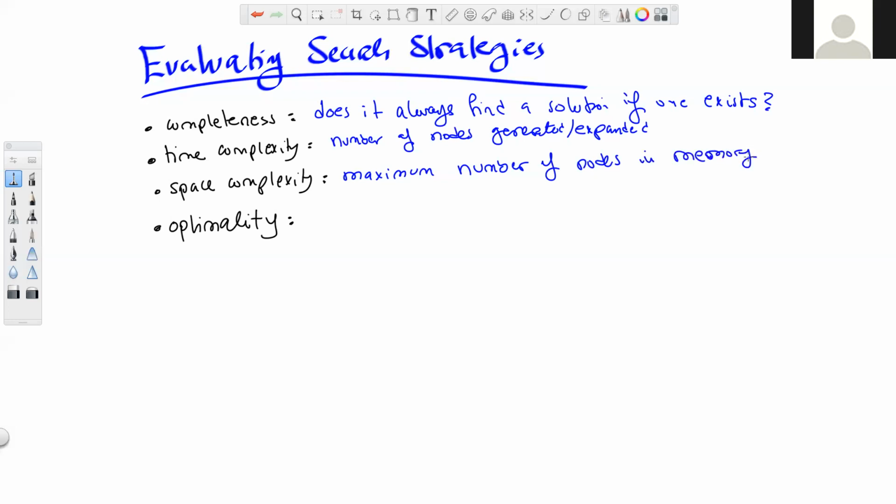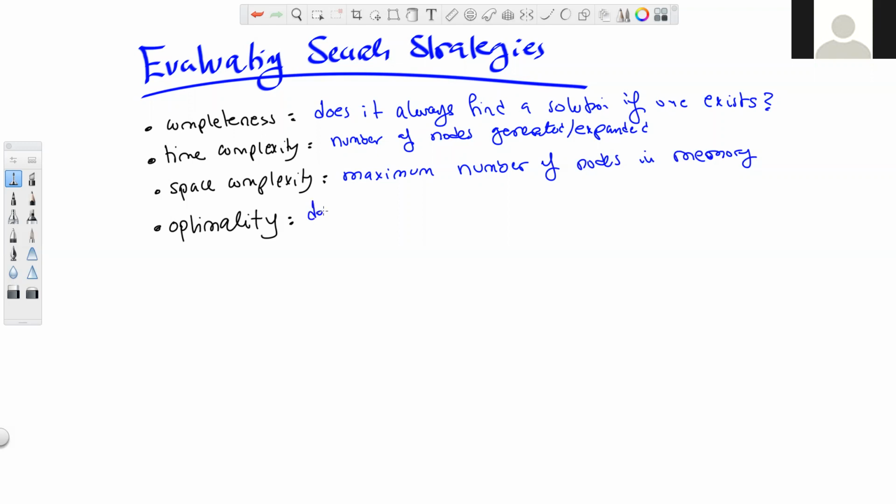The last one is the one that confuses people, optimality. I alluded to this last time. When you talk about optimality, it's a little bit ambiguous. What do we mean by optimal? Optimality may refer to time and space complexity: is this the best you can do as far as time and space? No, that's not what we're talking about here. Optimality is the optimality of the solutions that it does find.